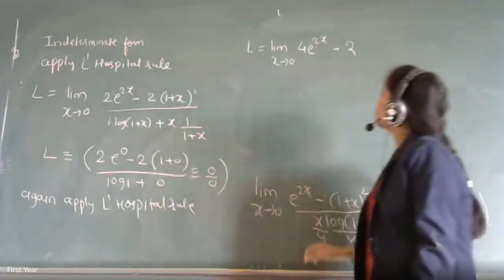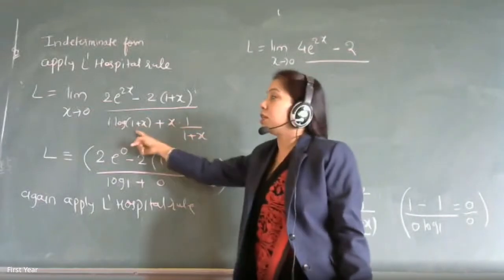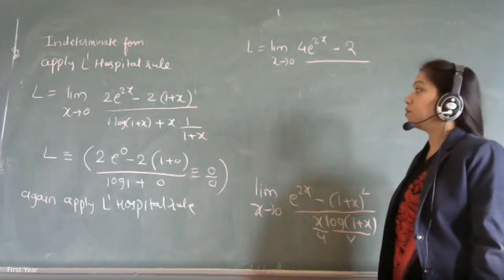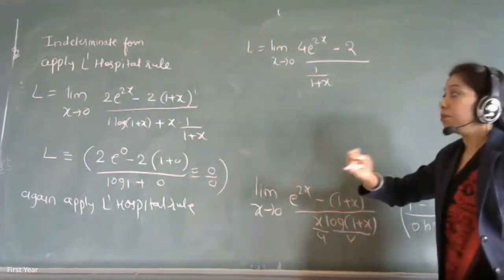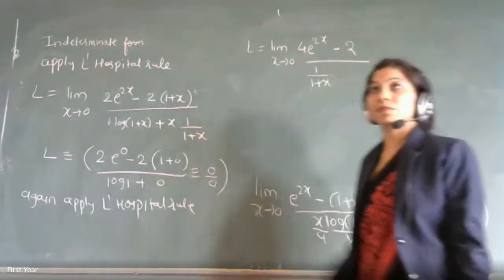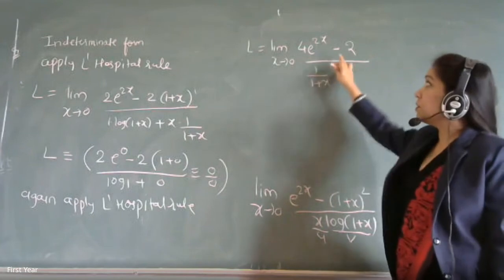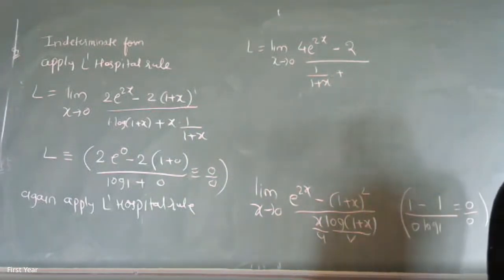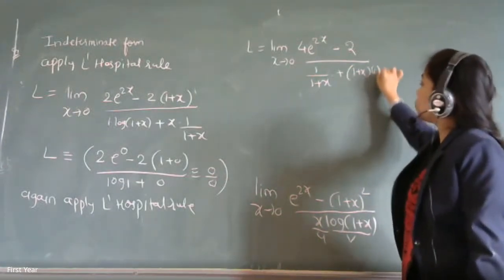Minus 2. The derivative of 1 is 0, the derivative of x is 1, so minus 2. Divided by, you see now it's going to become finite. The derivative of this, here you have to be a bit careful in writing the derivative. The derivative of log of 1 plus x is 1 upon 1 plus x. But here it is u by v. So you do it. What it will become is plus, but we are not worried because we can clearly see now it's going to be finite. So the derivative is properly finite. So it will be v, 1 plus x into the derivative of that, which is 1.